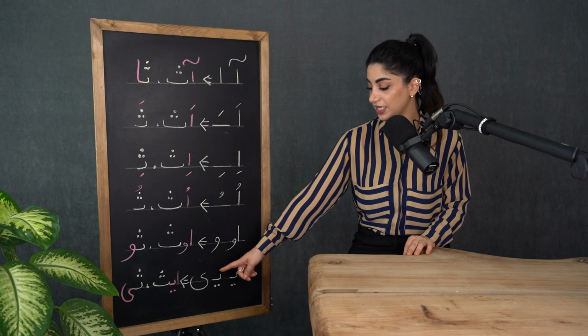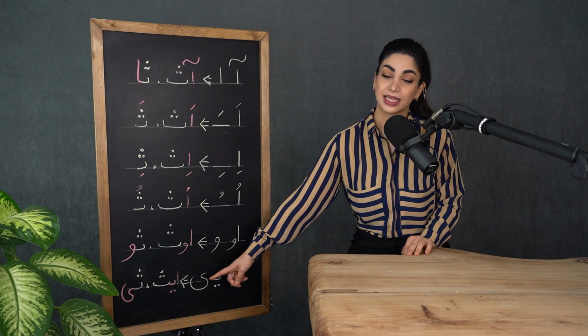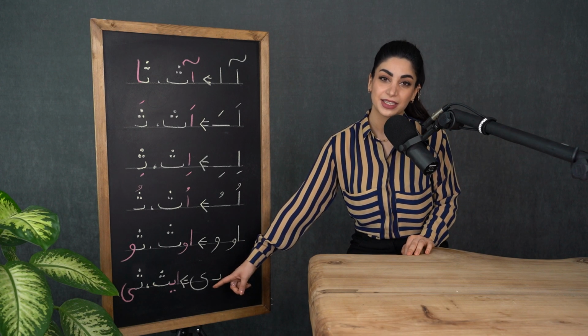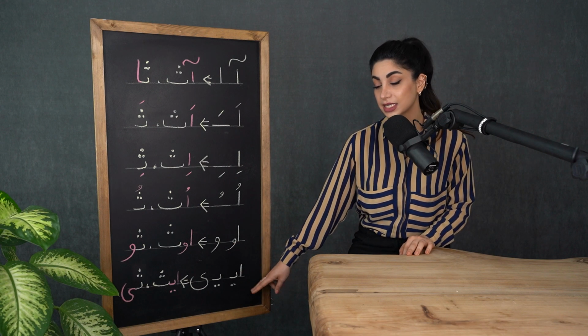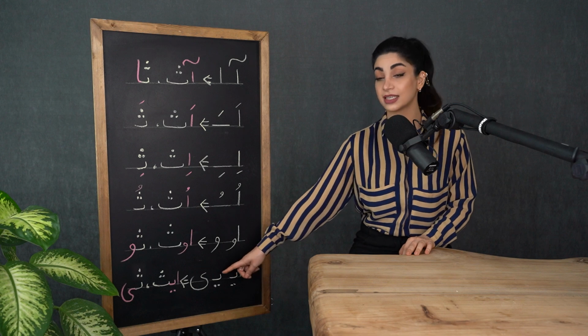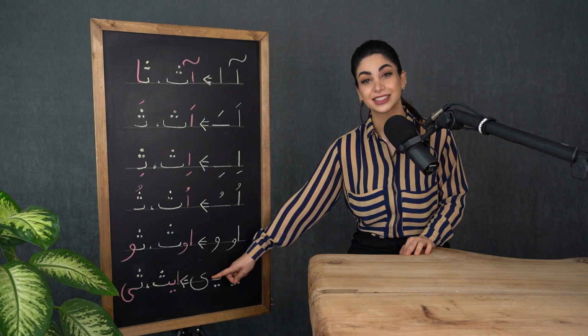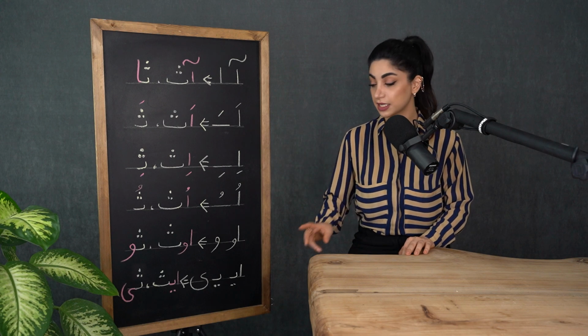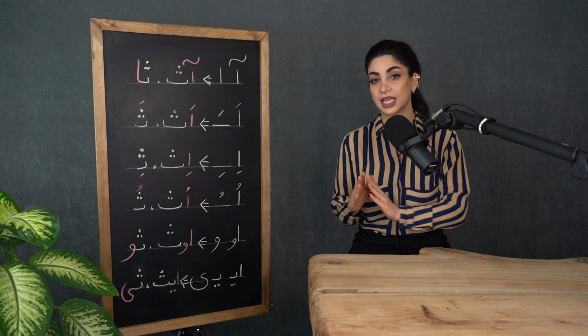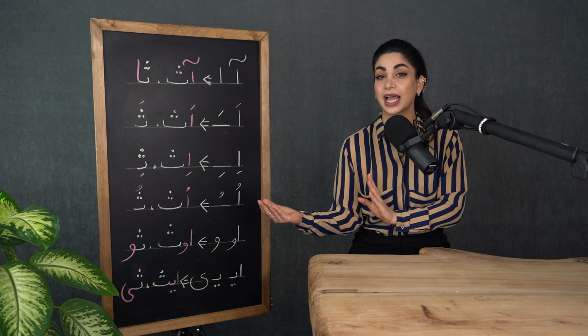E, the E in the middle, and the E at the end. This one attaches, this one attaches, this one attaches as well. But this one can sometimes come separately. It can come separate and it can come attached.